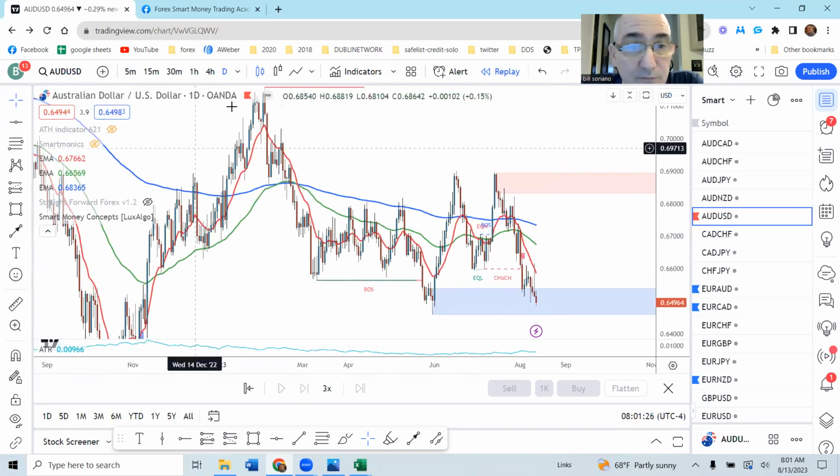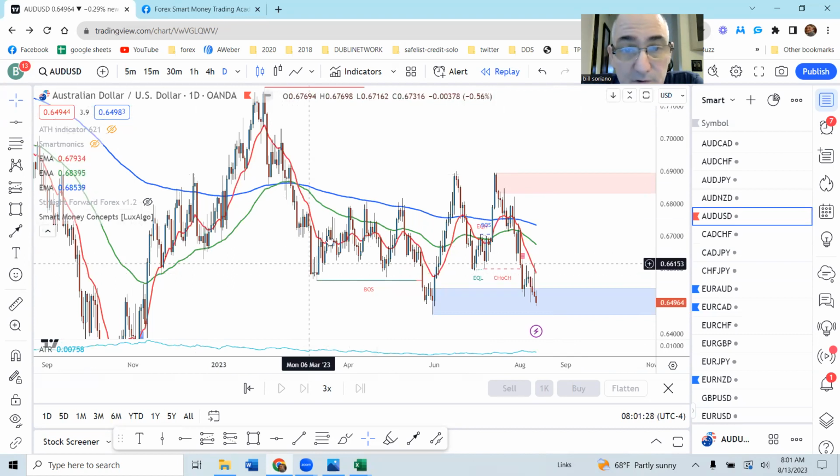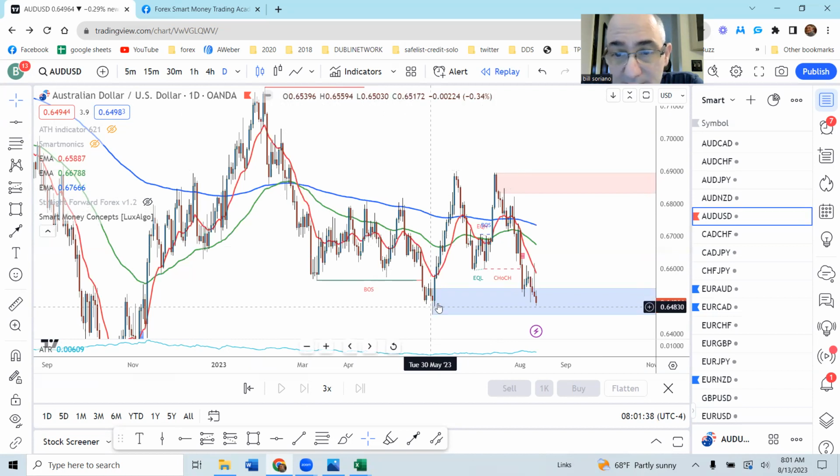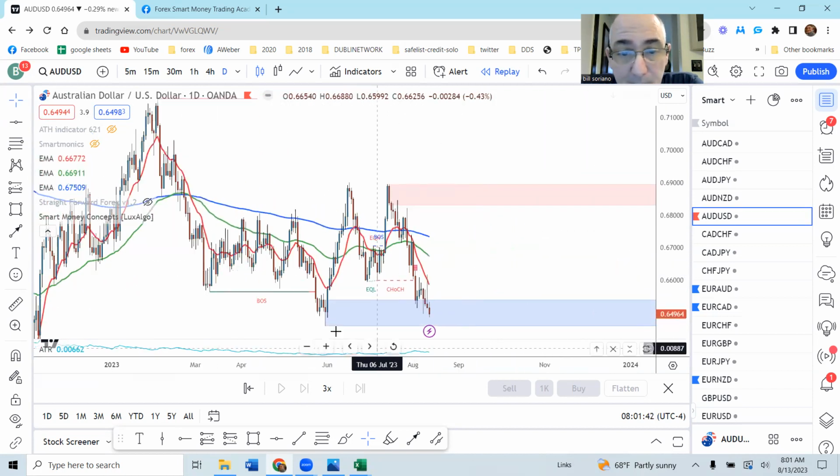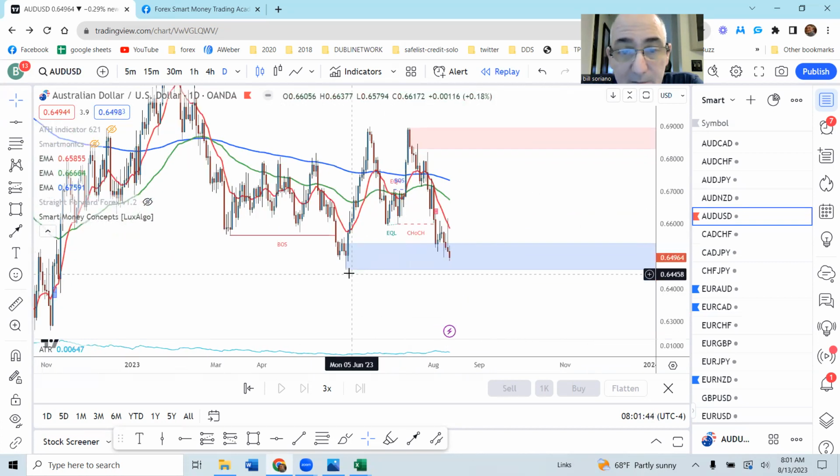You have bullish order flow here, then the order flow turns bearish, right? You get the choke here, the break of structure, the change of character, and then the choke plus. So we're kind of bearish on this, but we kind of need a break of structure down here in order for us to mark up an order block still.